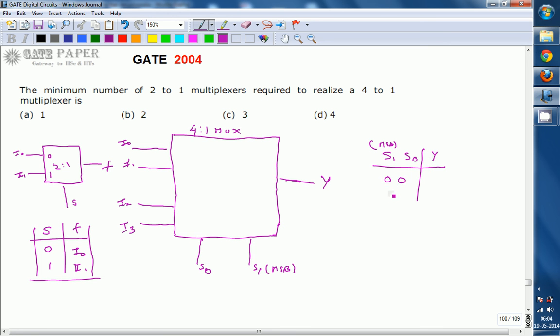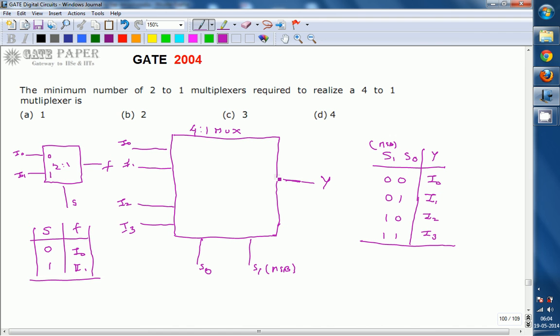If it is 00, I0 is selected; 01, I1 is selected; 10, I2 is selected; and 11, I3 is selected. So this is the operation of the 4 to 1 multiplexer. Based on the input combination on the select lines, the corresponding input line is connected to the output. If it is 11, I3 will be selected.